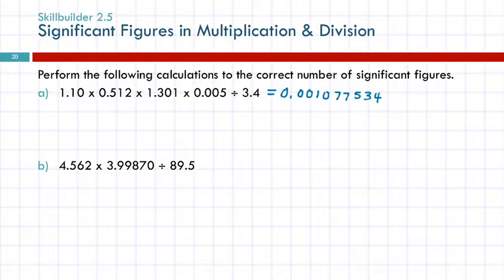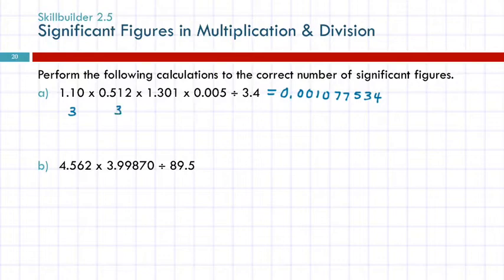That's the first thing. Now we need to figure out how many significant figures we should have in the answer. And we do that by looking at how many sig figs are in each of these numbers. For now, we're still practicing. Once you get good at this, you can just look at it and see which one is the smallest. But we're going to evaluate each of them. So 1.10, how many sig figs? 3. Trailing 0 is significant because of the decimal point. 0.512, 3.